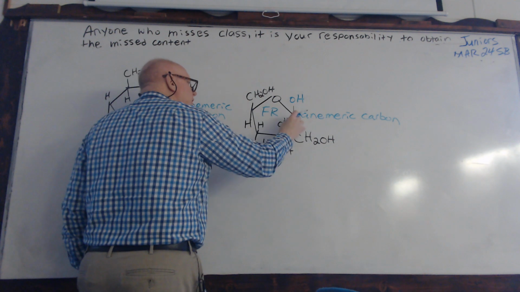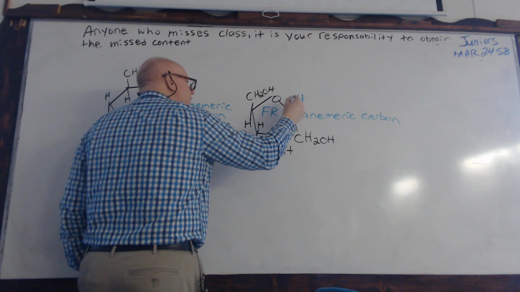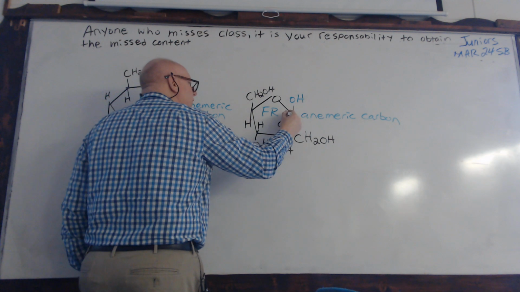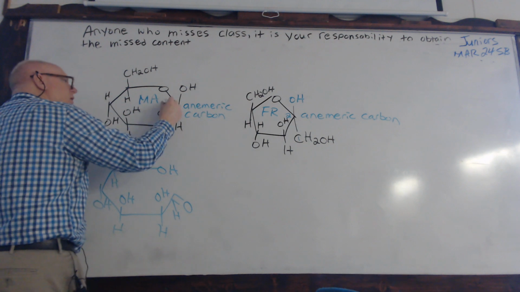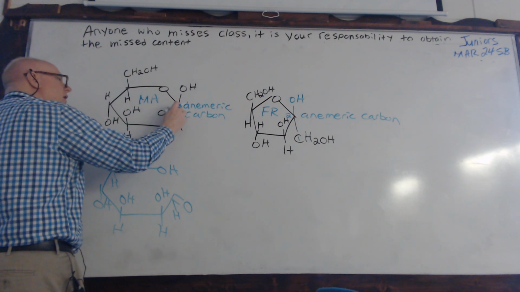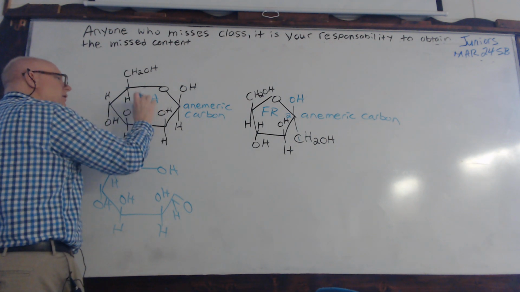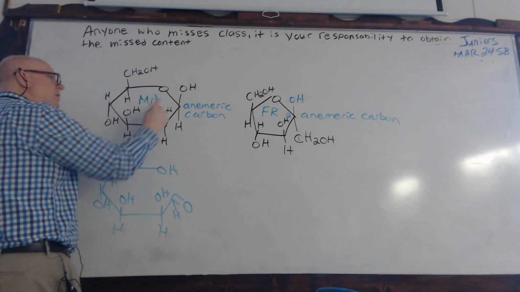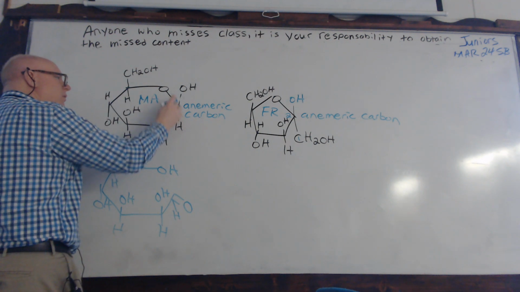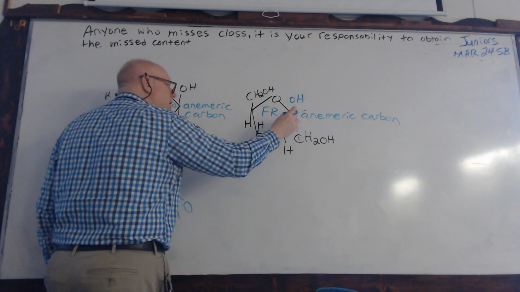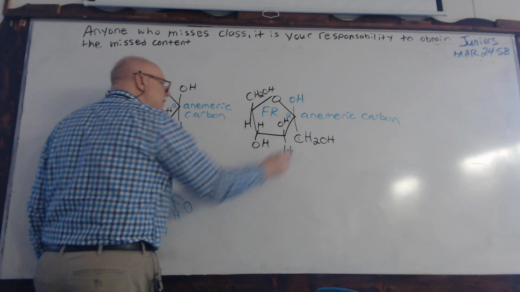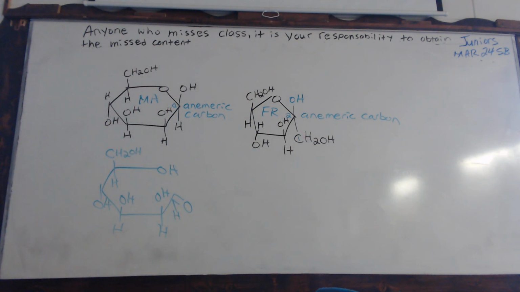But on fructose, it's actually on number 2 here, okay? Because here's carbon 1, here's carbon 2. Carbon 1 is actually right here, so in aldose sugars, that anomeric carbon is on number 1. On ketose sugars, it's actually on carbon number 2 because you have this CH2OH down there.